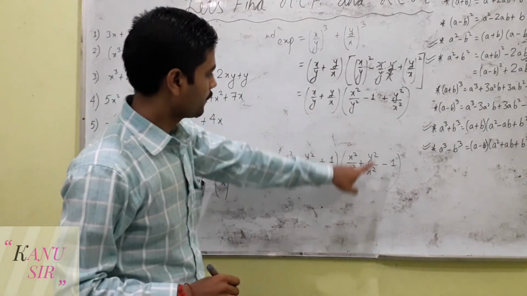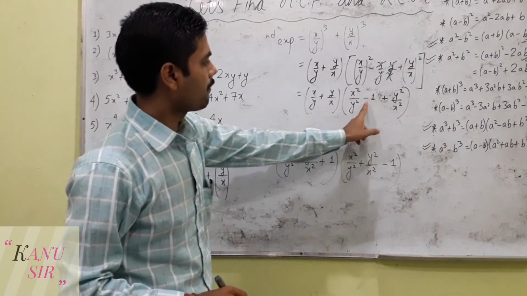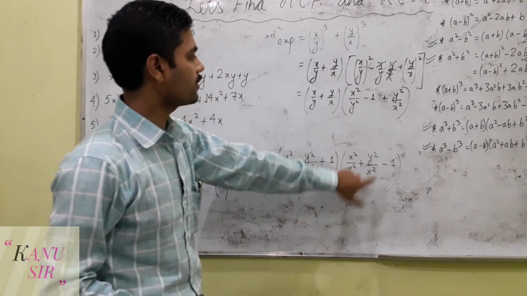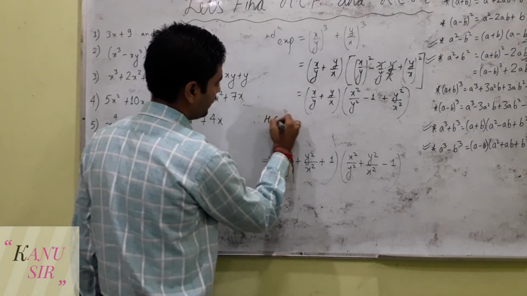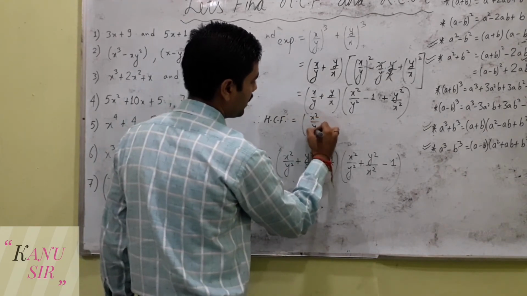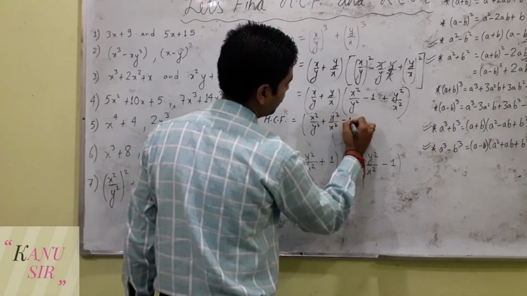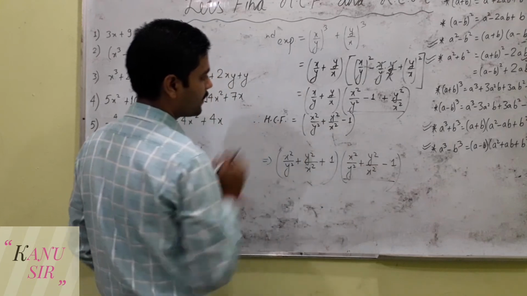You can see it looks similar to this term. Minus is in the corner. If you rearrange, then you will find the same. It means the HCF is x square by y square plus y square by x square minus 1. This term is common in both the expressions.